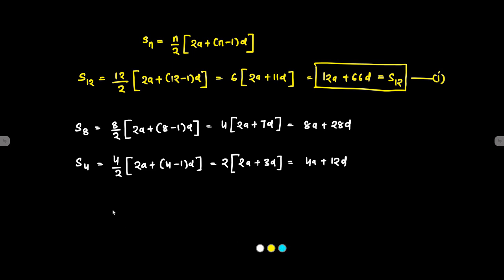Now S8 minus S4 is equal to 8a plus 28d minus 4a plus 12d, which is equal to 8a plus 28d minus 4a minus 12d.